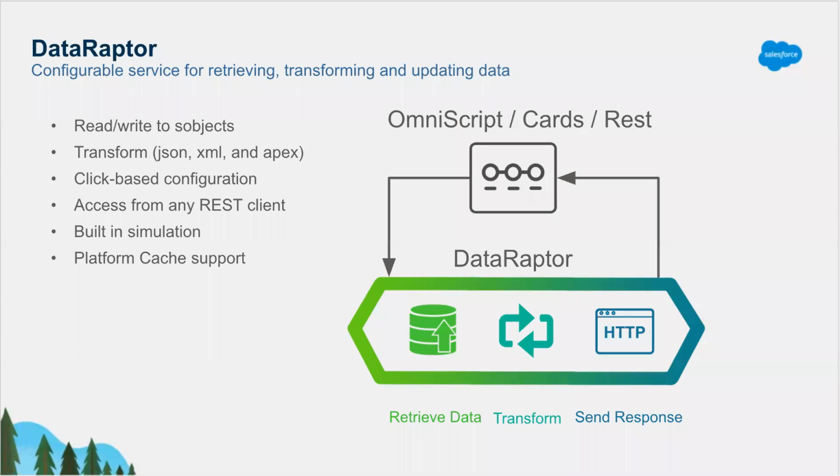They can do string, numeric and date and other computations at a row level, or they can do aggregates if you have a collection of records and you want to do a sum or an average or whatever. You can also do that with the formula builder inside of DataRaptor. So they're super powerful. There's an editor for this that makes it easy to simulate. There's caching support. It's really pretty amazing what you can do.